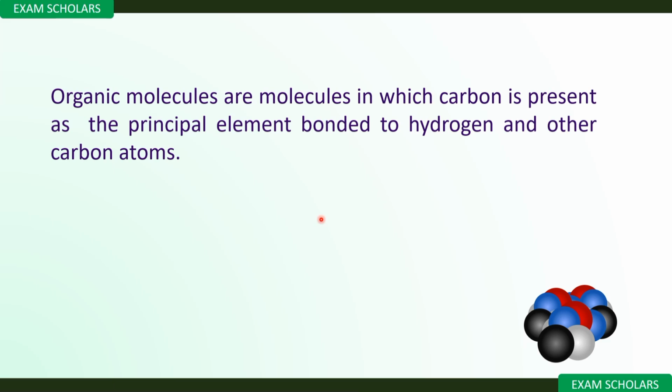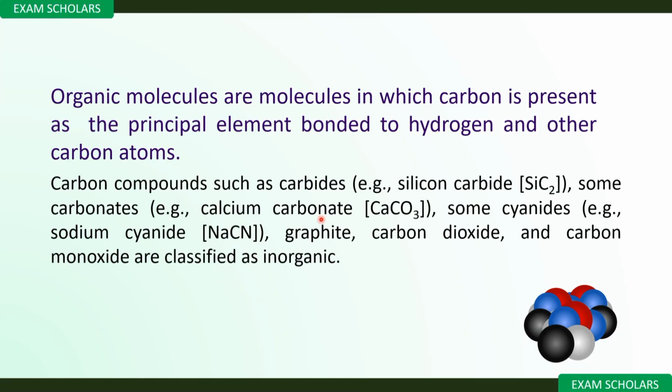other carbon atoms. So some compounds such as carbides, silicon carbides, calcium carbides, some carbonates such as calcium carbonate, CaCO3, and some cyanides, like the cyanide present in cassava, an example of cyanide being sodium cyanide, as well as graphite, carbon dioxide, carbon monoxide, some oxides of carbon, are all classified as inorganic.